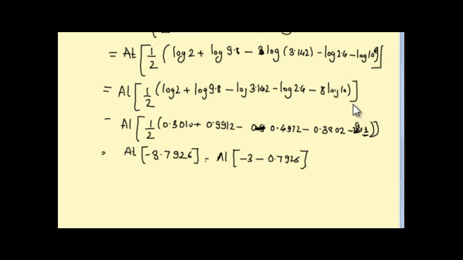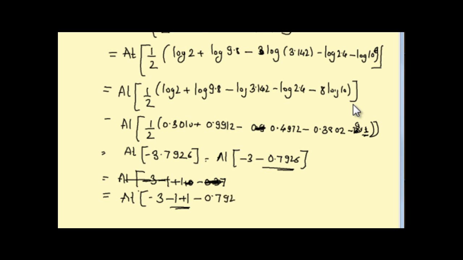Okay, if we expand this value, minus 3 minus 0.7926, as we already know, we cannot get antilog of a negative number, so we have to make this value positive. One trick that you can remember is you can add and subtract 1, that is minus 3 minus 1 plus 1, this we can do mathematically, it is correct, minus 0.7926.